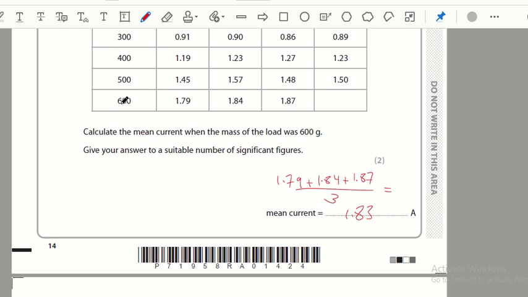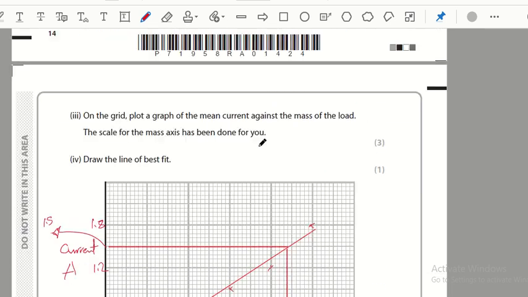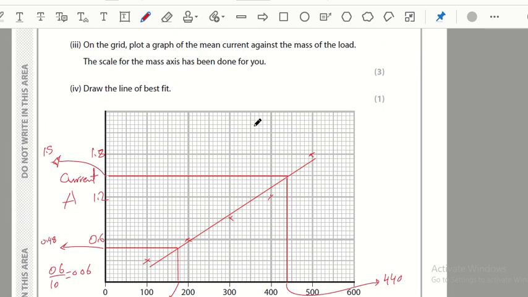Calculate the mean at 600 gram. We will add these 3 readings and divide by 3. Plot the mean current against mass.